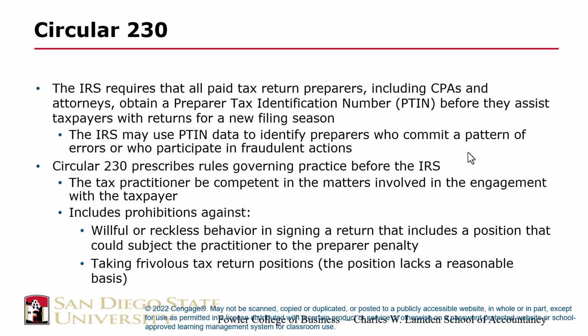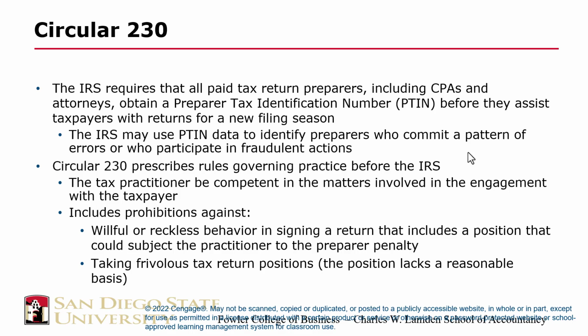So the IRS, under Circular 230, requires that all paid tax return preparers, including CPAs, attorneys, anyone who's preparing taxes for money, obtain a PTIN, a Preparer Tax Identification Number. The IRS uses PTIN data to identify preparers who are committing patterns of errors or who participate in fraudulent actions. So, over time, all tax preparers are bound to make an error.